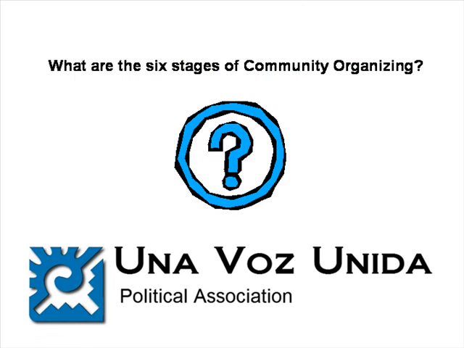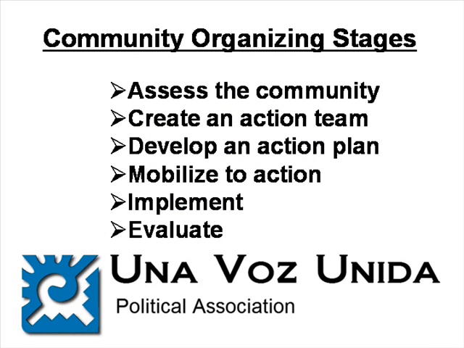So what are the six stages of community organizing? Really starting to focus on those things that have to be done when we organize. The very first thing that has to be done is to understand what we're having to deal with. Then we can create an action team.